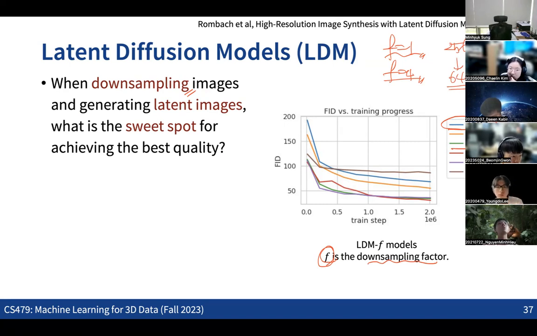And here the question is: what would be the sweet spot in choosing the downsampling factor?